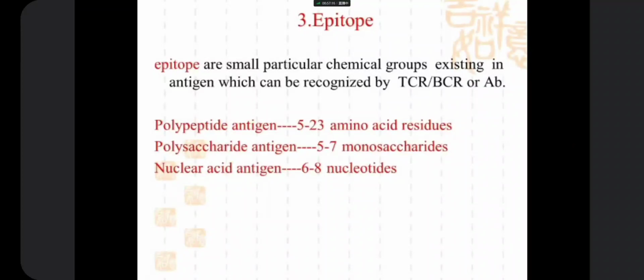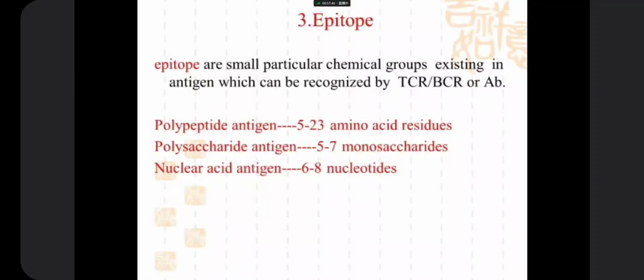In other words, not every chemical substance that can be bound by an immunoglobulin or TCR is, by itself, capable of inducing an immune response. The epitope can determine the specificity of the antigen.